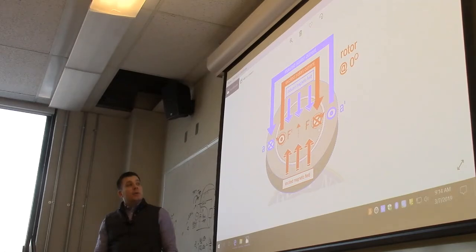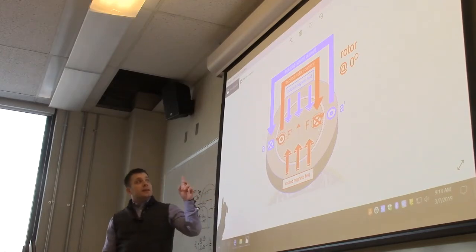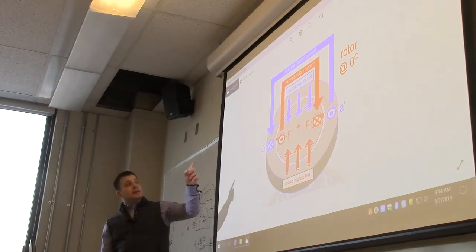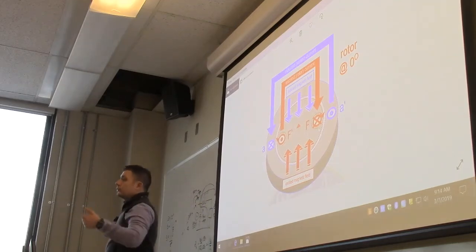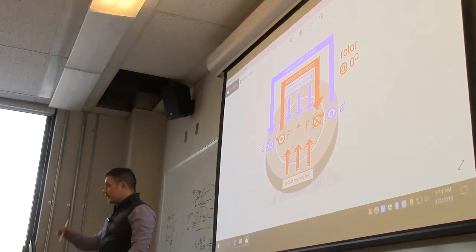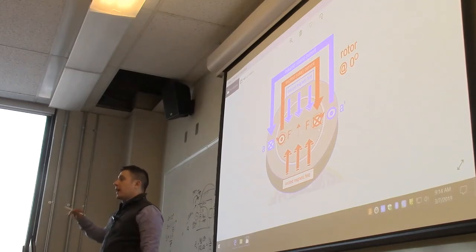And so, right, two things. The induced stator current, this is the current that's going to be flowing out of the machine, okay, and going to wherever the electricity is needed.